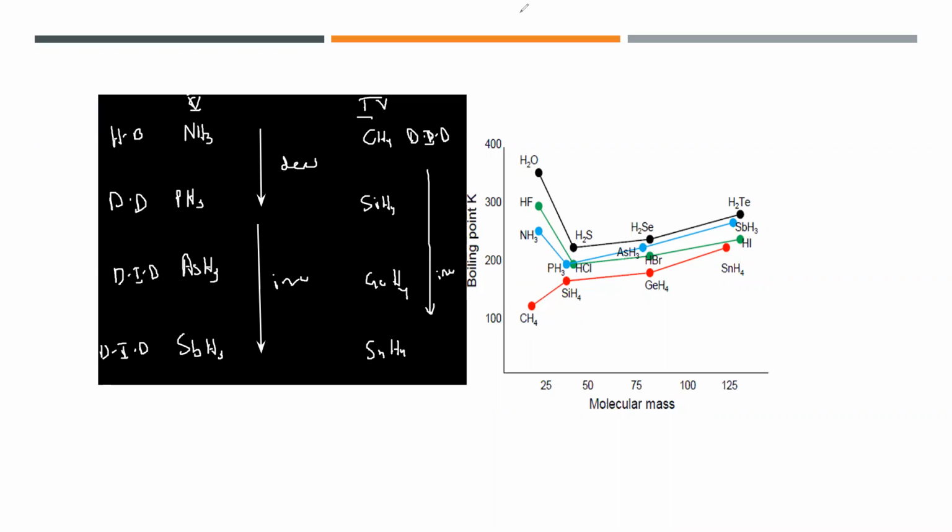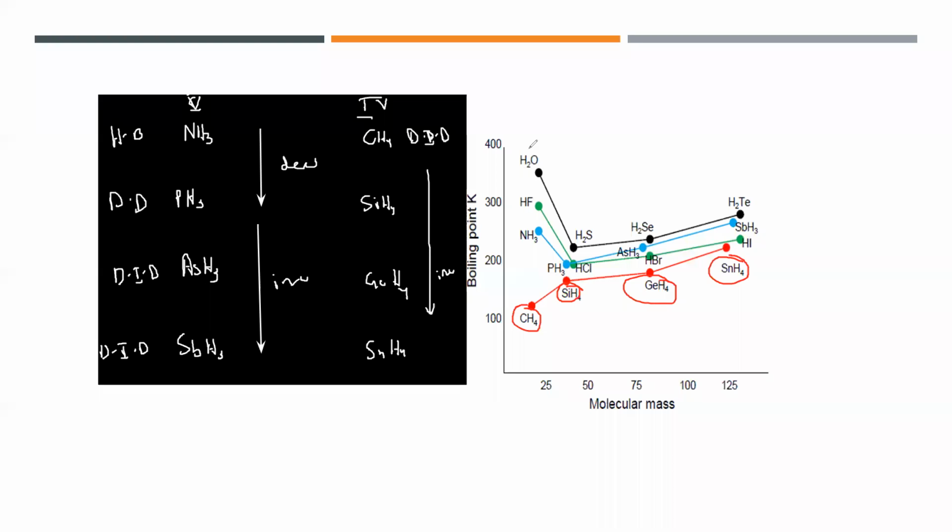So that's why you can see CH4 having a low boiling point compared to SiH4. SiH4 has a lower boiling point than GeH4, and GeH4 has a lower boiling point than SnH4. The reason is that they have dipole induced dipole forces, and these forces increase as the number of electrons within the structure increases. Is it clear?